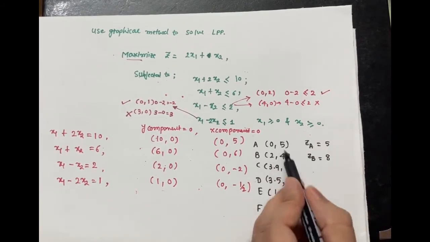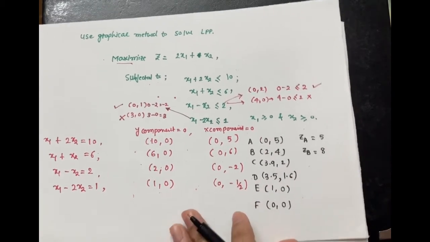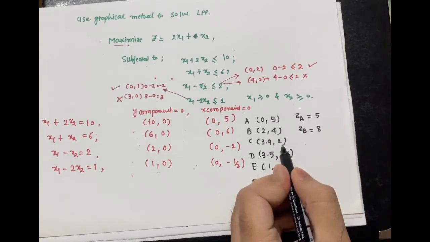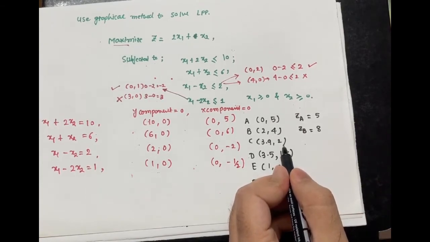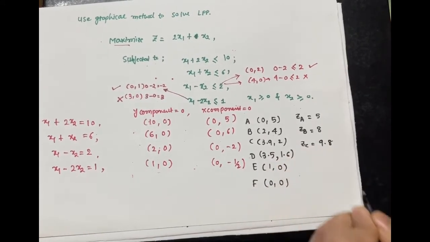For C, 2 into 3.9 gives me 7.8, plus 2, that is 9.8.